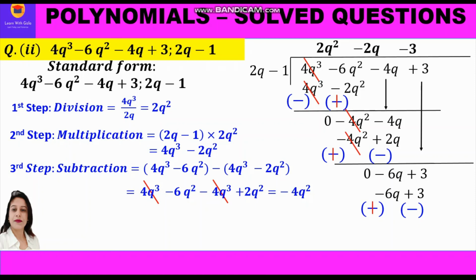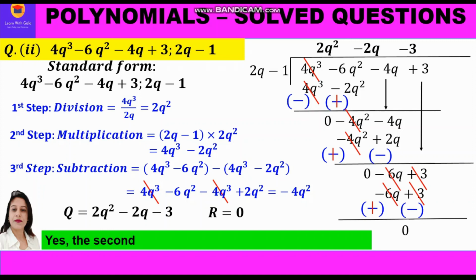Now minus 6q and plus 6q will cancel, and plus 3 and minus 3 will also cancel, and we are left with remainder 0. So over here the quotient is 2q square minus 2q minus 3 and the remainder is 0. Since the remainder is 0, yes, the second polynomial is a factor of the first polynomial.